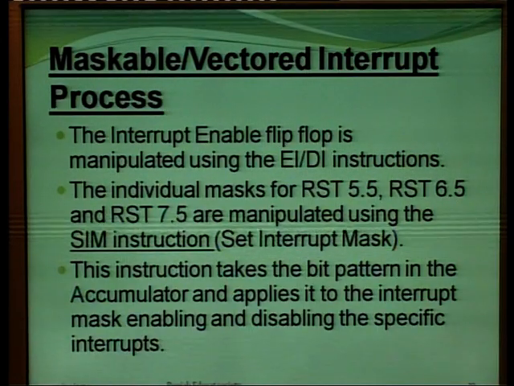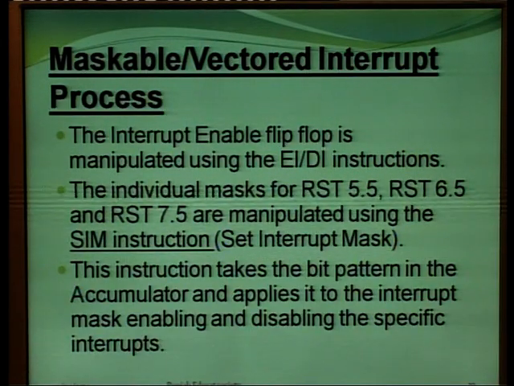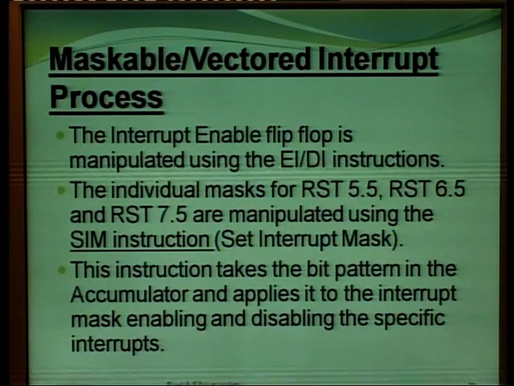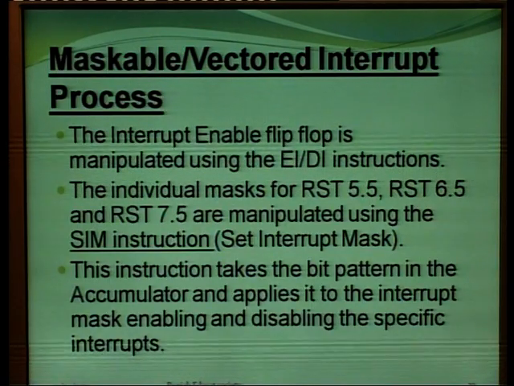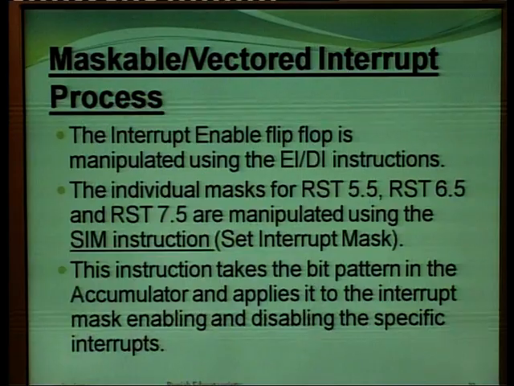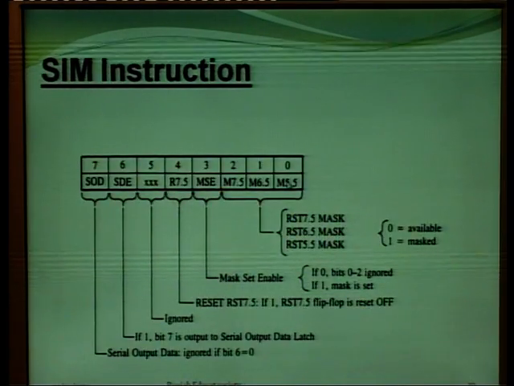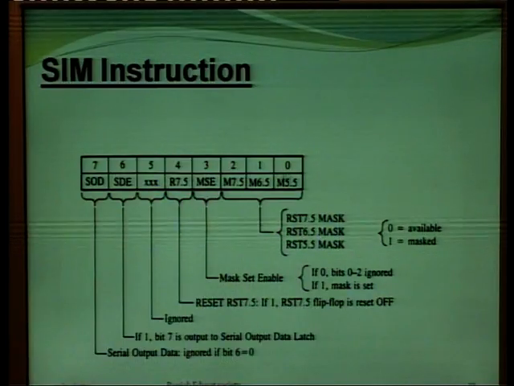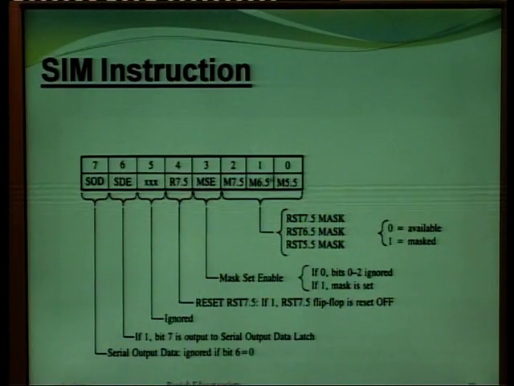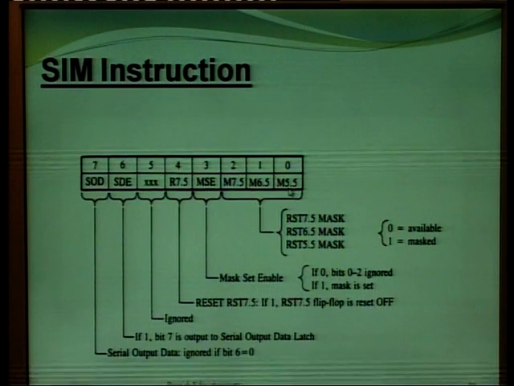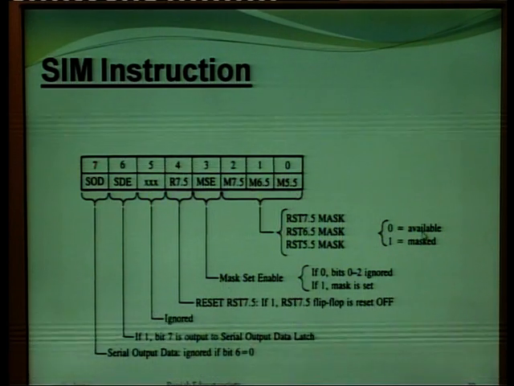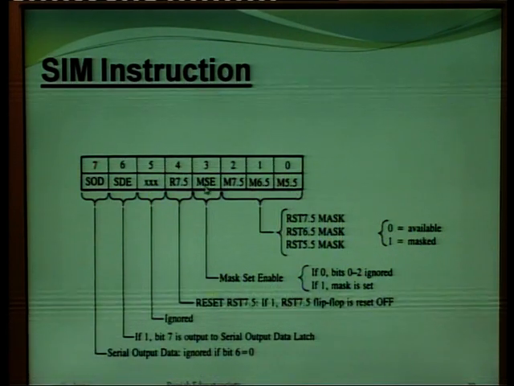The SIM instruction takes the bit pattern in the accumulator and applies it to the interrupt mask, enabling and disabling the specific interrupts. So there is a bit pattern of the SIM instruction. The first 3 bits are for masking a particular interrupt. 1 means masked, 0 means available. The fourth bit is MSE.